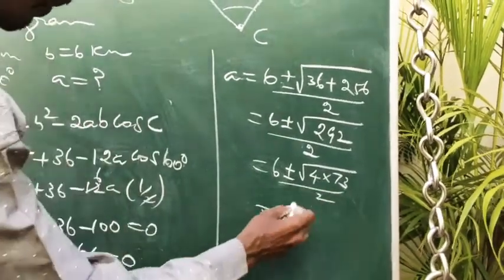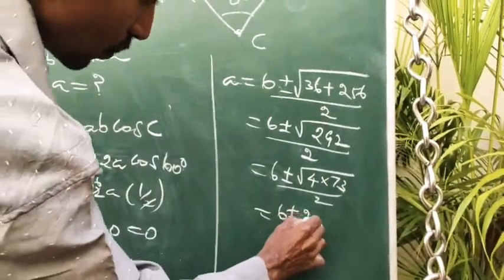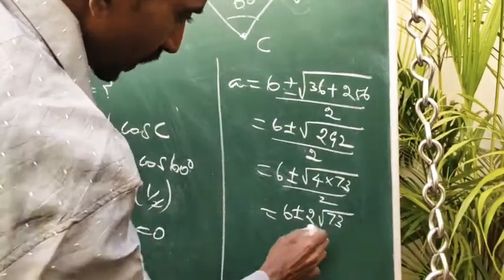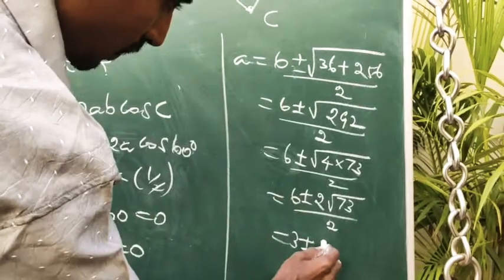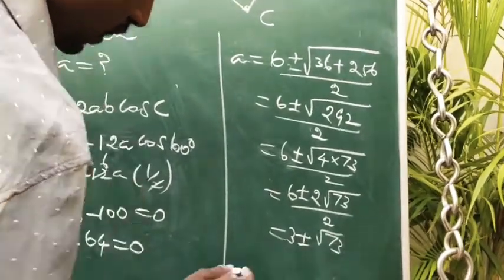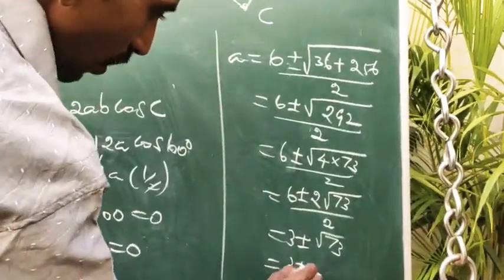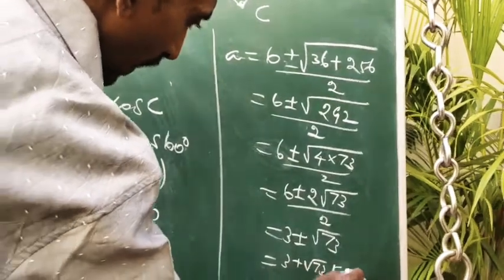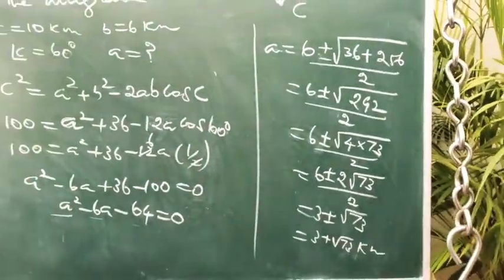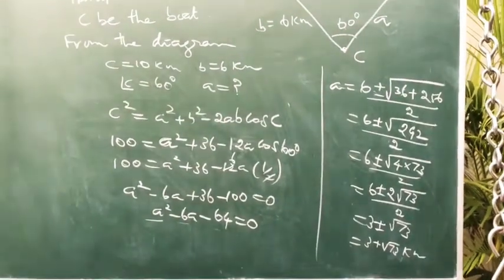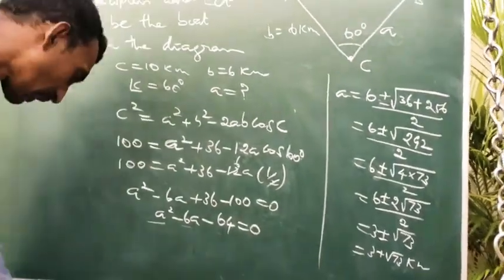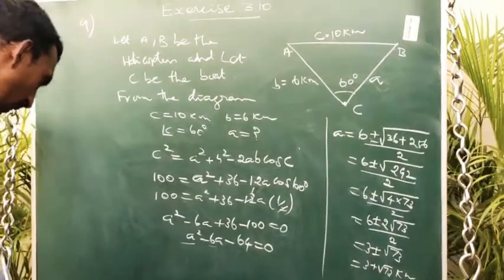So take the square root of 4, which is 2, so 2 root 73 by 2, cancel by 2. So 3 plus or minus root 73. So 3 plus root 73 kilometer, that is the answer. 3 minus root 73 is negative, and distance cannot be negative. So 3 plus root 73 kilometer is the required answer.